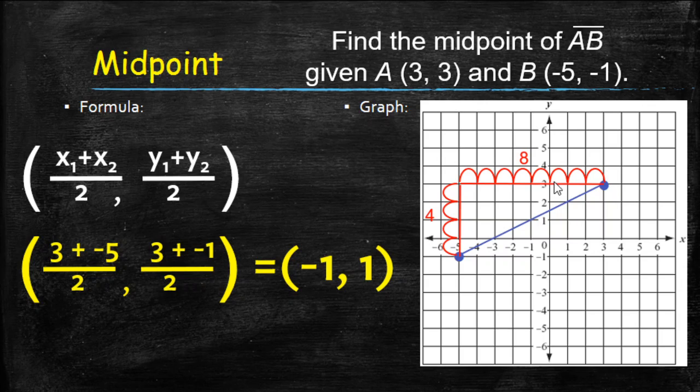So I know up 4 and over 8 is the whole way from point B to point A. Now, if I want the midpoint, I'm going to go halfway. So I'm going to take each number and go half of that. So instead of going up 4, I'm going to go up 2. And instead of going right 8, I'm going to go right half of 8, which is 4. And that lands me on my midpoint at (-1, 1). So with both methods, I find the same answer. So I can use my choice of formula or graphing.